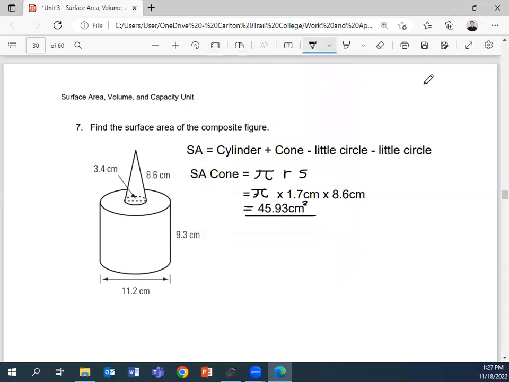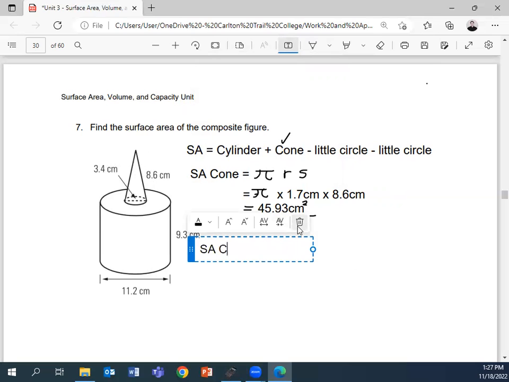What is 8.6? 8.6 is the slant. Okay, so cool. I've done my cone. Cone, check, done. Let's go into the cylinder now.